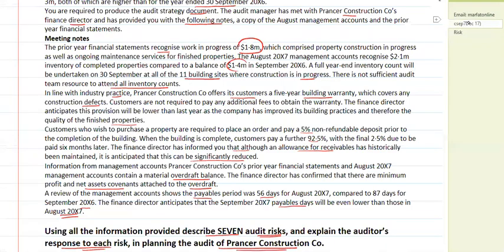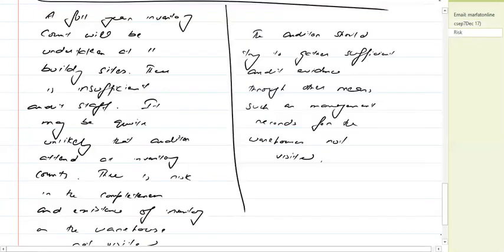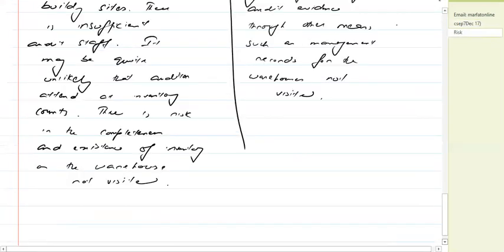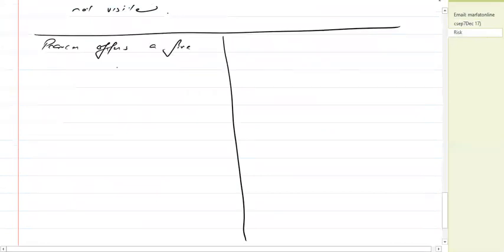Then you have, in line with the industry practice, Spencer Construction offers its customers a 5-year building warranty which covers any construction defects. Now this is another risk. I'll be writing this as the last one, because the other ones I'll just be discussing. Spencer offers a 5-year building warranty.